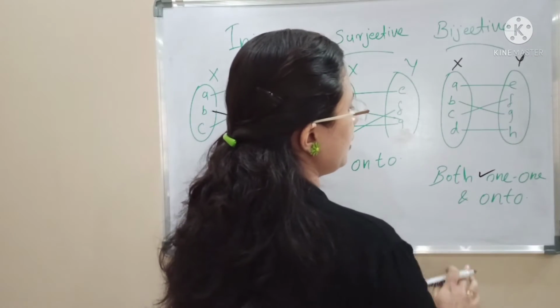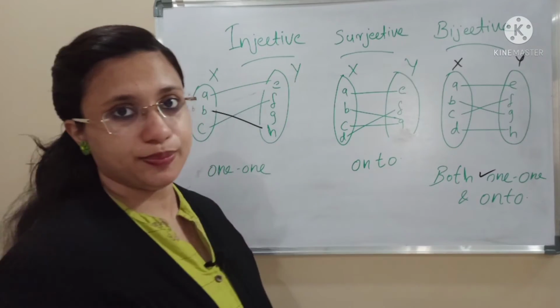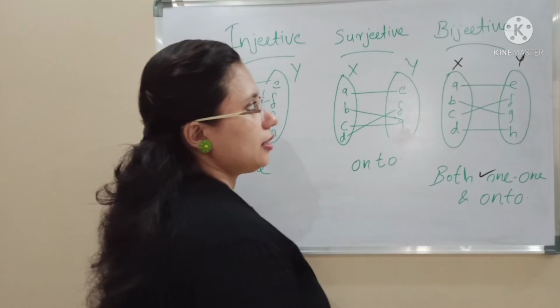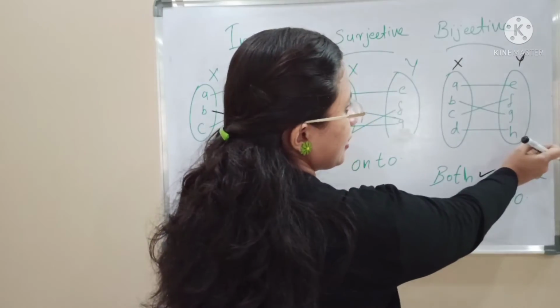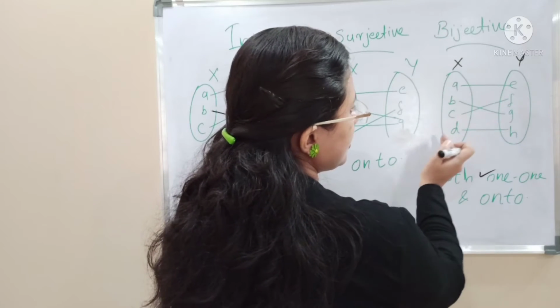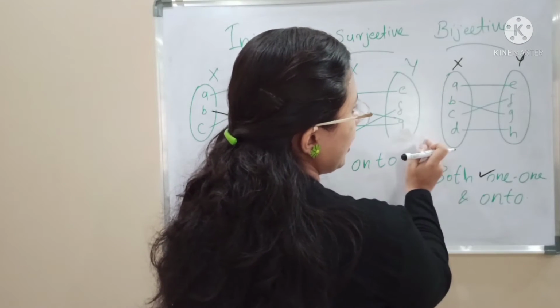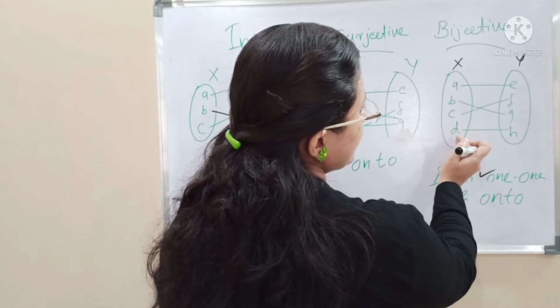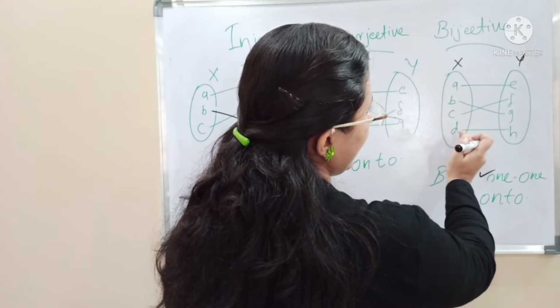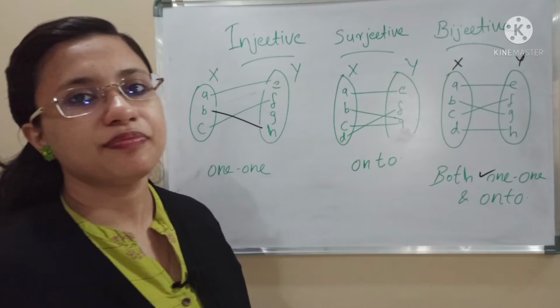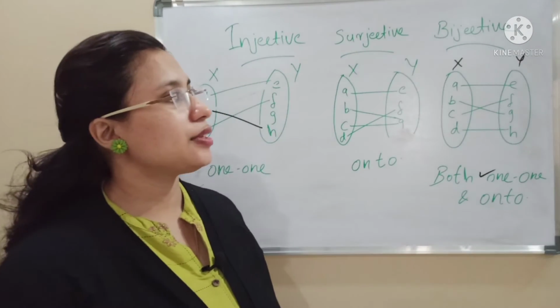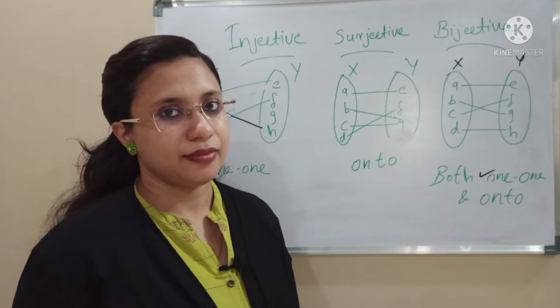So it is 1-1. Is it onto? We'll check every element in Y: there exists an element in set X such that all the elements of set Y are related with the elements of set X. Clear?